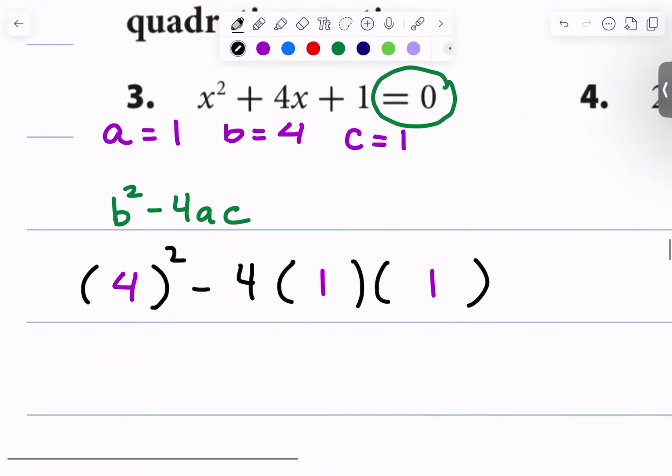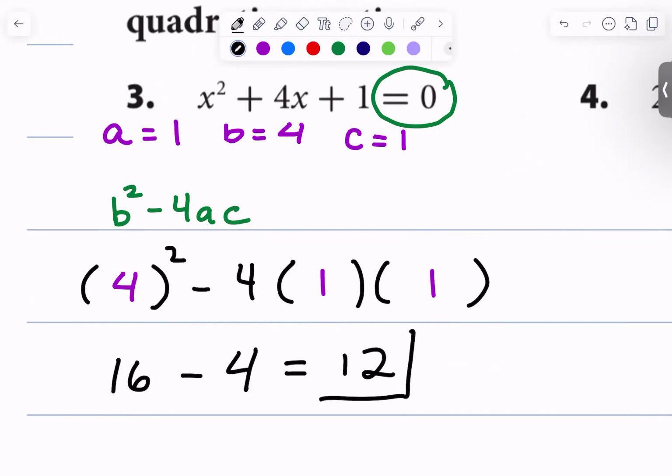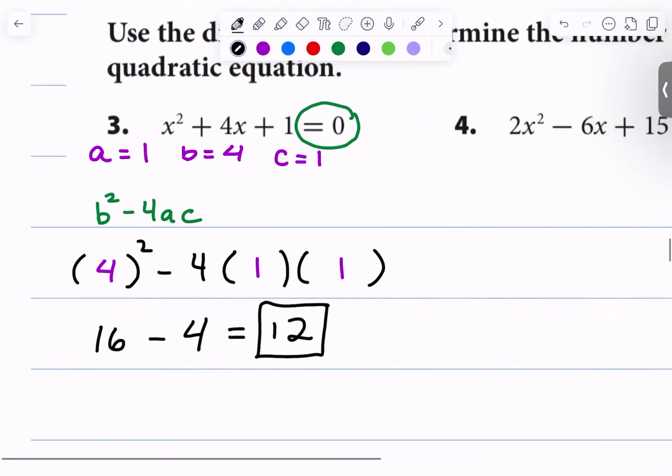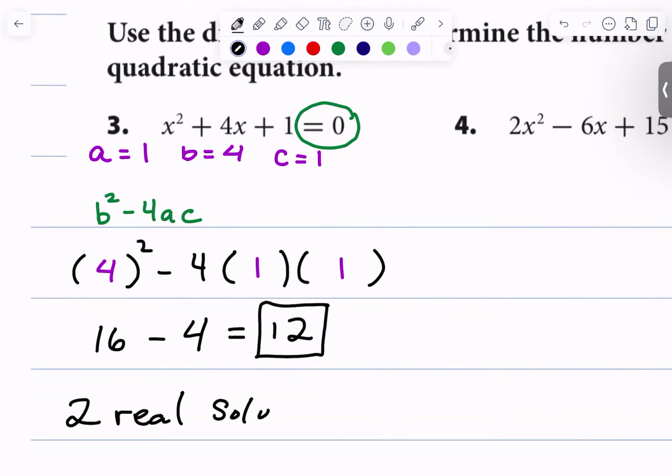So 4 squared is 16, minus 4 times 1 is 4, which we would get 12, a positive 12. So since b squared minus 4ac, or my discriminant, is a positive number, we are going to have two real solutions.